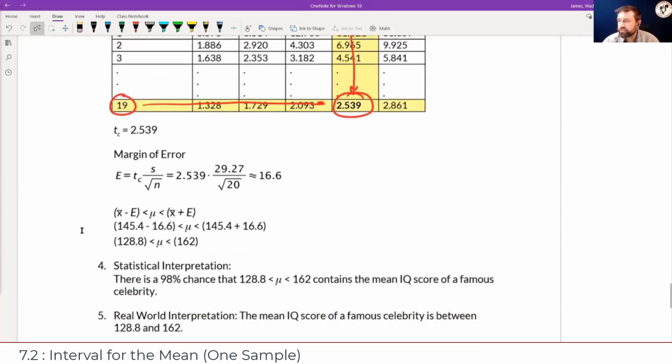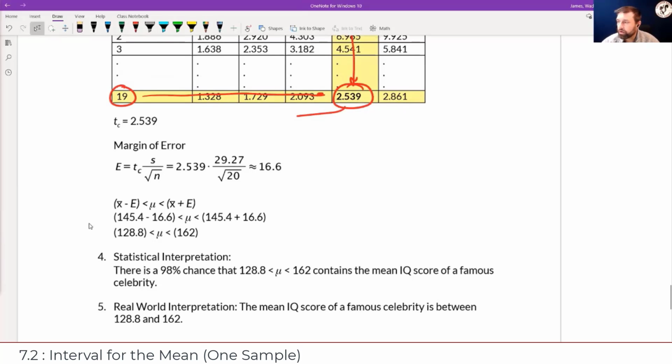So now that we have this t-score, we're going to plug that in here along with our standard deviation and our value for N, right? These are all values that we got from earlier, and we calculate our margin of error to be 16.6. So the t-score is not the end calculation.